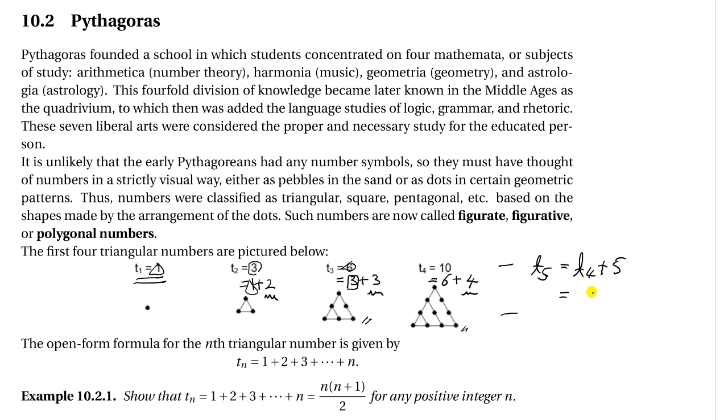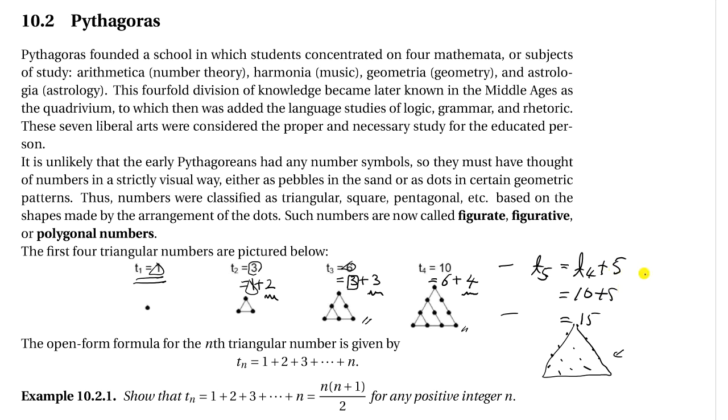So T4 was 10. So T5 should be 15. And we can check this using these diagrams, right? So previously up to this much, and if you add 5 here, then this makes a nice triangle shape, and there are 15 dots in this figure, right? So now we found this pattern.